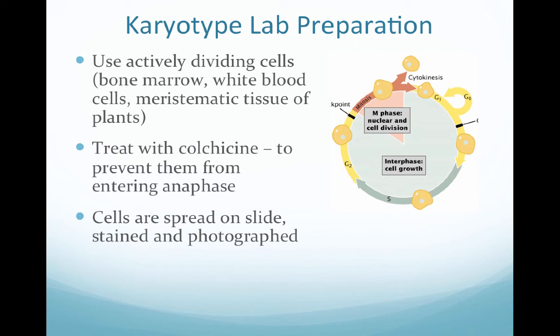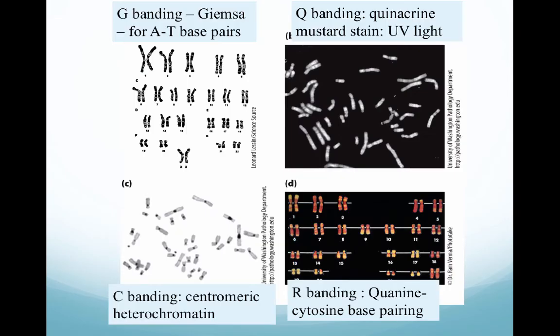That tissue sample is then going to be treated with colchicine, and this is going to prevent the full process of the M phase, mitosis and meiosis, from taking place, so that the genetic material is halted in metaphase and cannot proceed to anaphase. And then at this point, the cells are going to be spread on the slide, stained, and photographed.